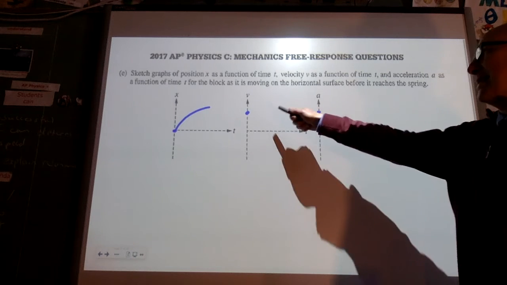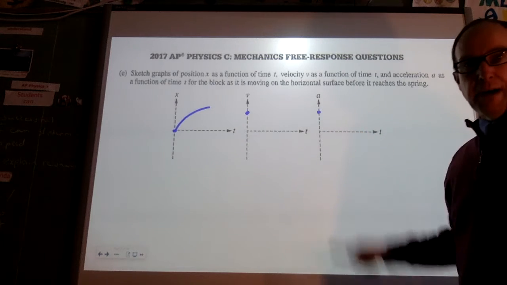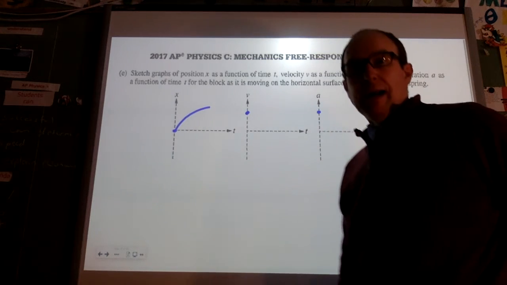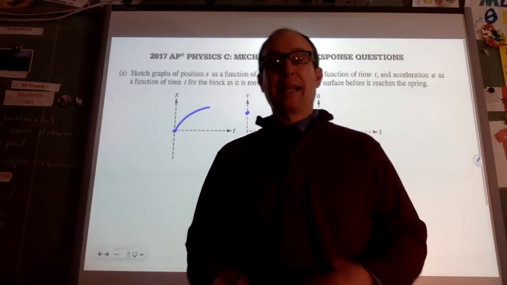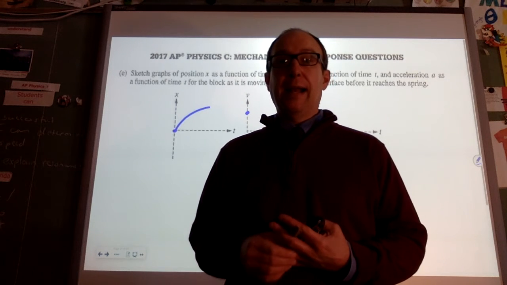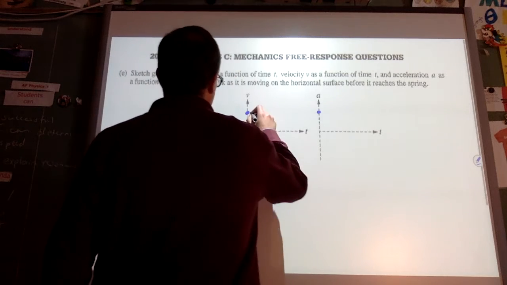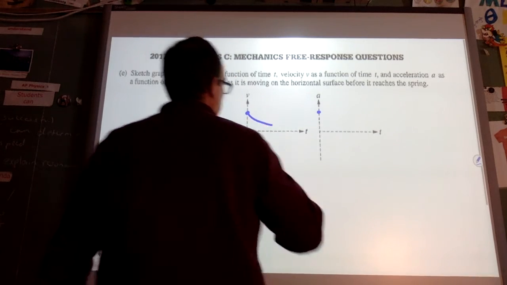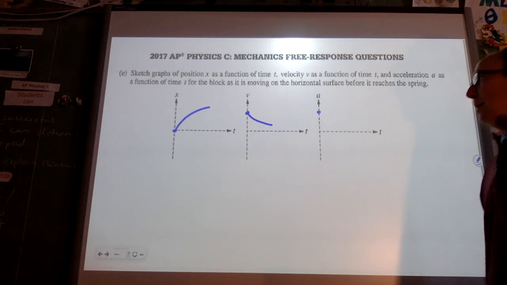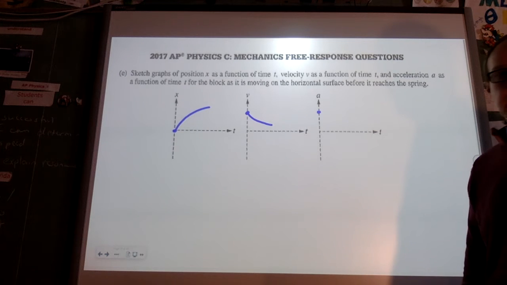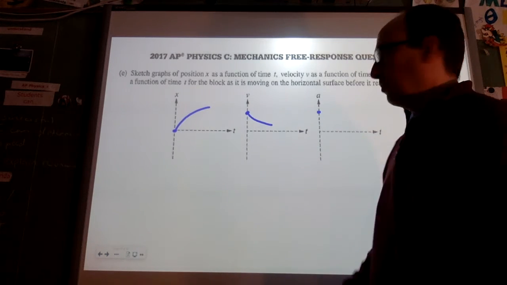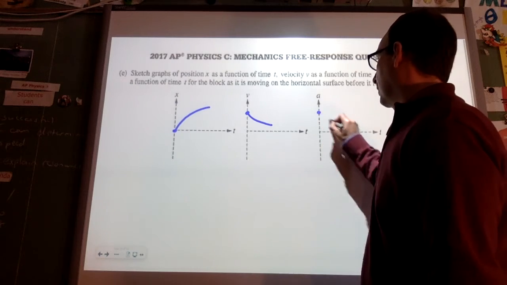Now my velocity is decreasing, but so is my acceleration. So I need to have a curve for velocity that's getting smaller, and it has to have decreasing slopes. And then my acceleration is getting smaller because it's related to velocity.